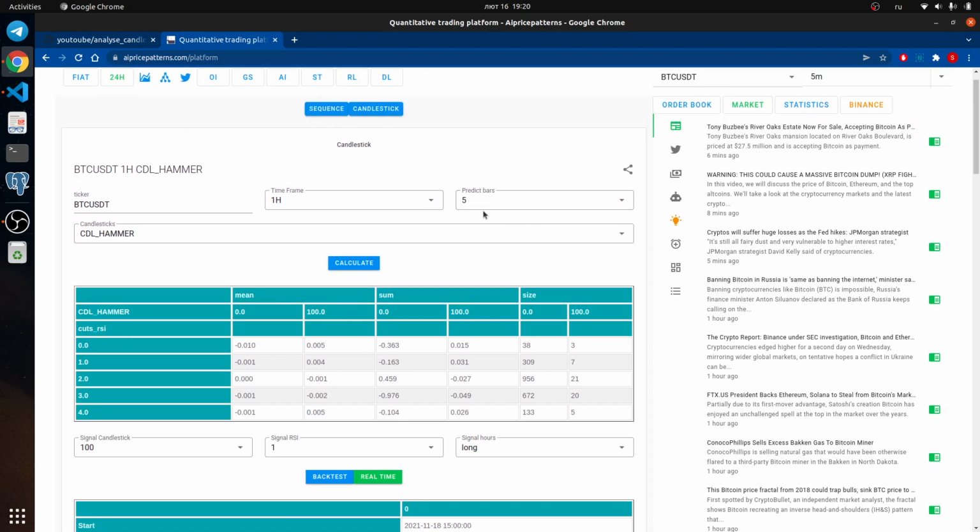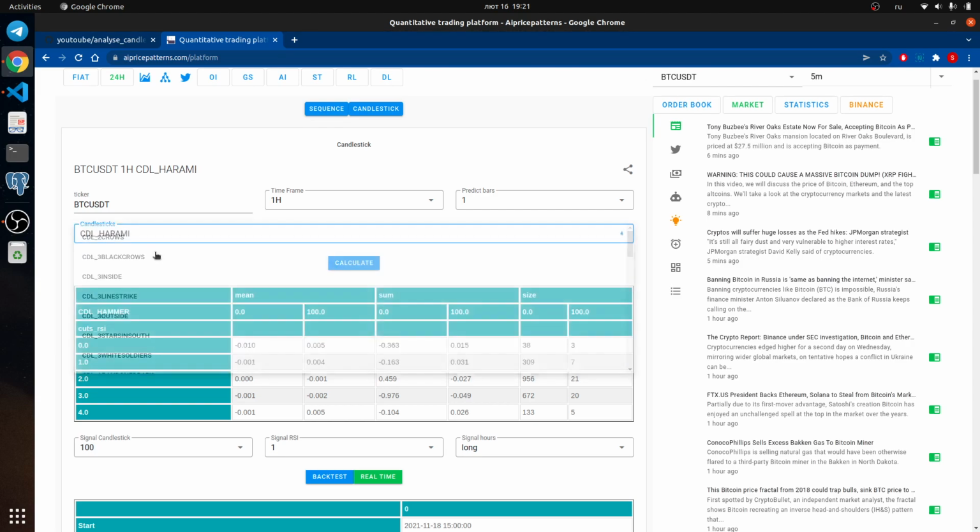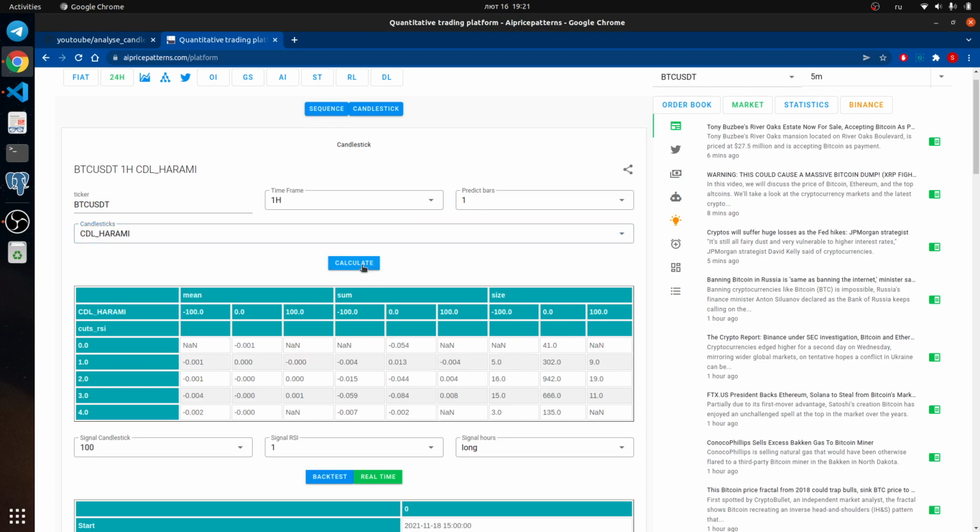Let's analyze, for example, what happens with other candle patterns, like what's popular. I know belt hold is popular. When I did a backtest, for example, Harami is working. Okay, let's calculate. We do some calculation, and you see we have several signals like minus 100.